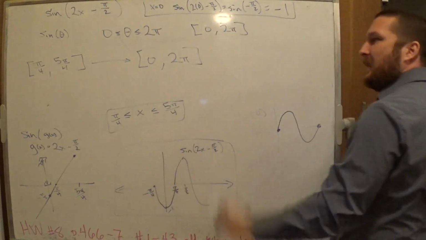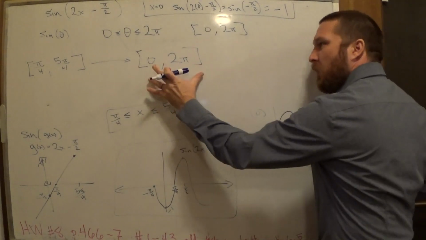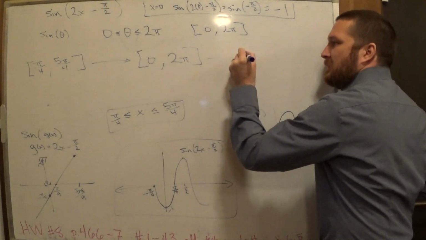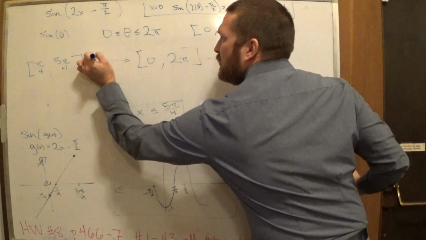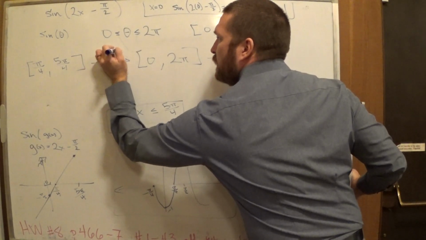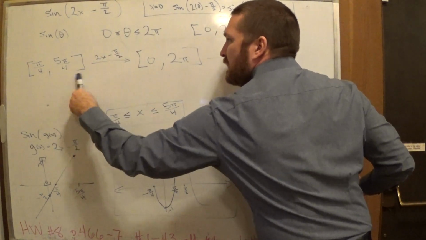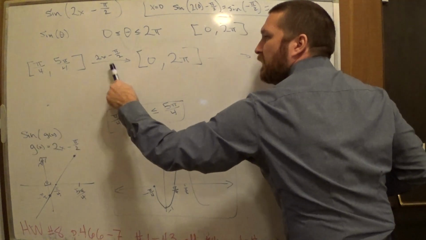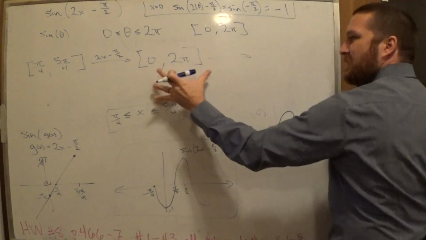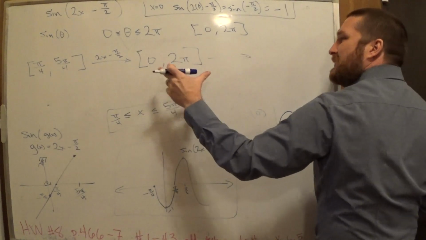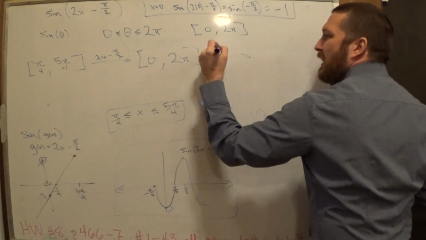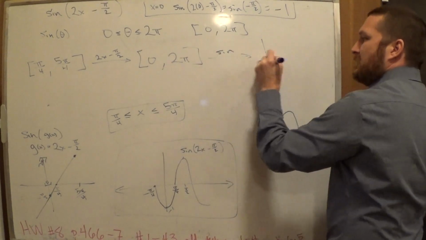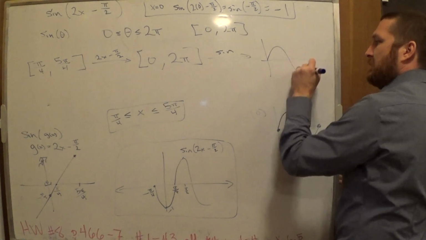And as far as sine is concerned, when you throw in this interval, sine knows what to do. We take this interval, throw it into this function, and it turns it into this interval. You take that interval and throw it into sine, and sine says, oh, I know what to do. That's this right here.